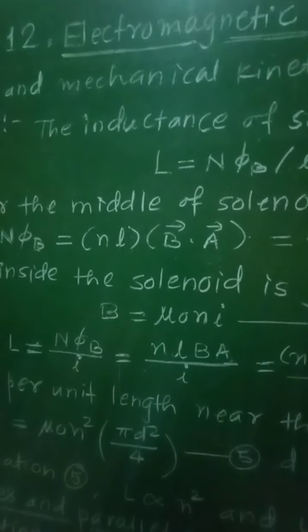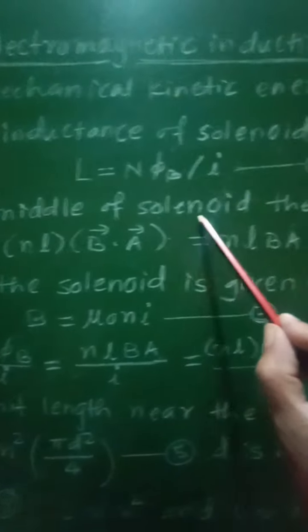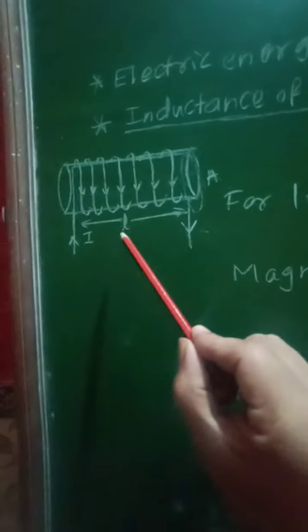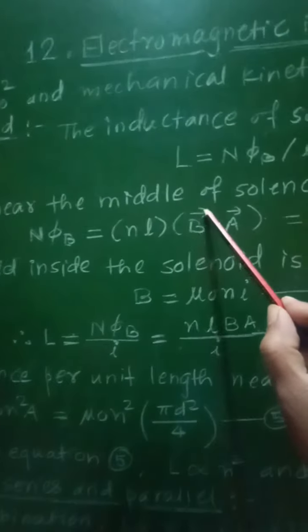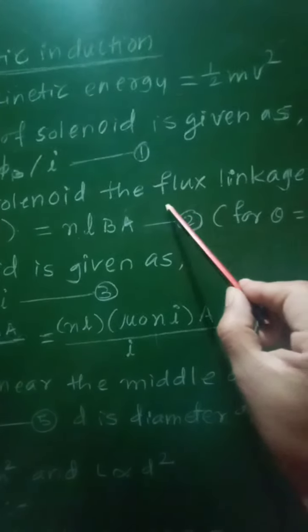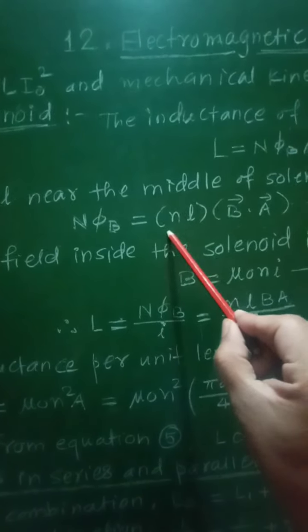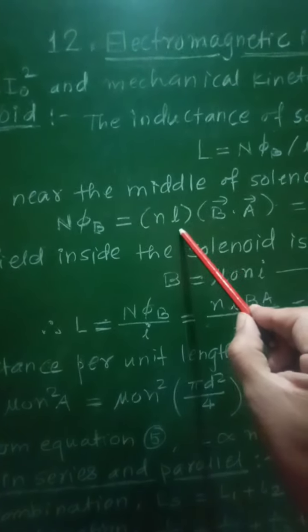Now for a length small l near the middle of the solenoid, that is near the axis of the solenoid, the flux linkage will be given as N phi B equal to n l into vector B dot vector A. Capital N is replaced by small n into small l.